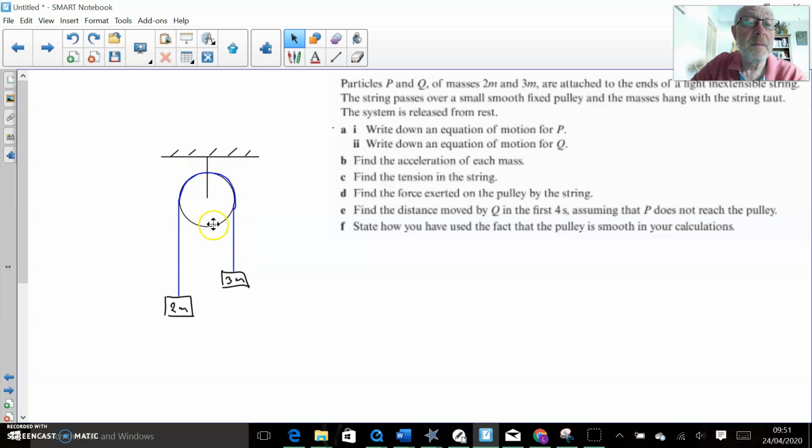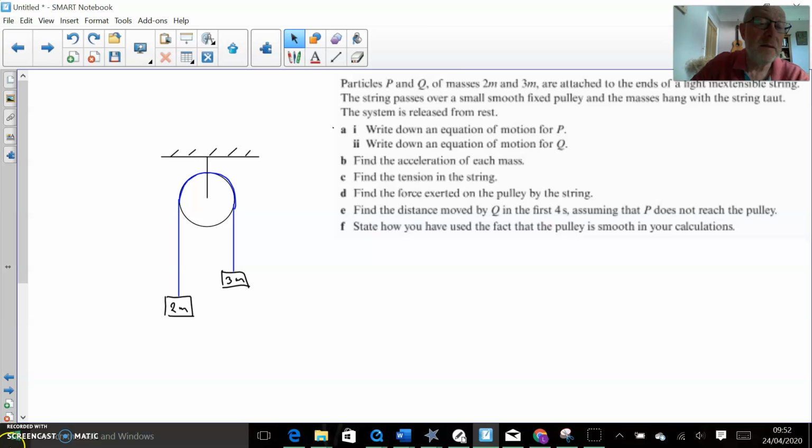We have the pulley, the string is in blue and that goes round the pulley. In this case I've got two blocks, one of mass 2m and the other of mass 3m kilograms, and clearly, because the 3m is going to be heavier than the 2m, the 3m mass will go down and the 2m mass will go up.